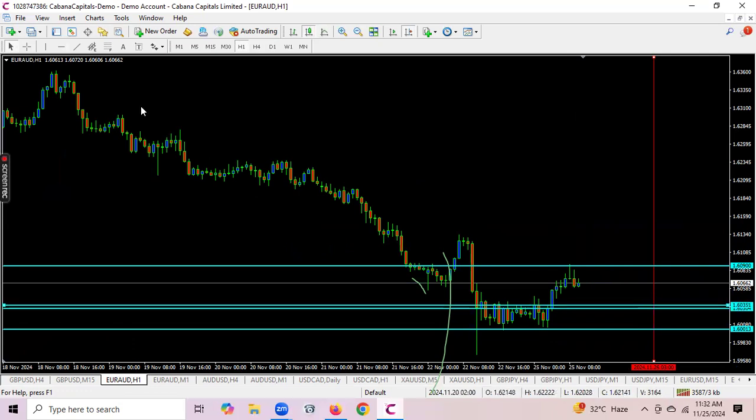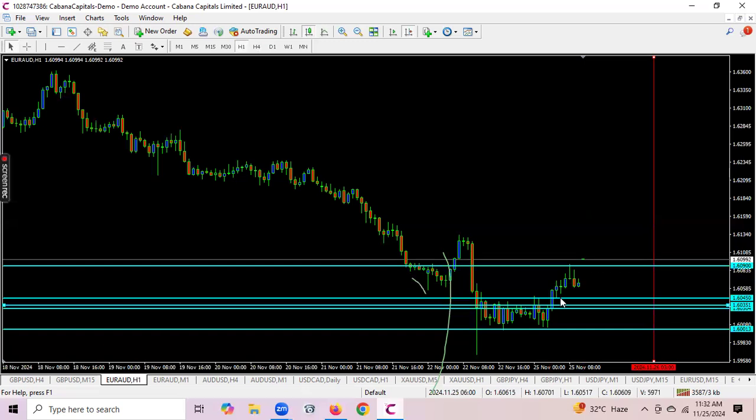If price does not pull back to this level, I wouldn't buy Euro Australian dollar. Let me use the 1 hour time frame.